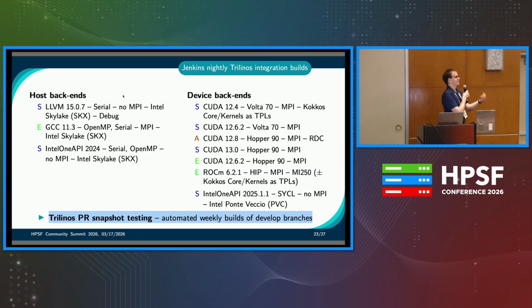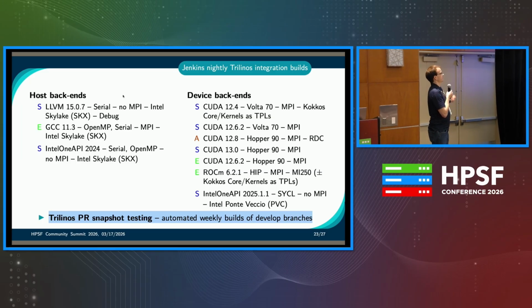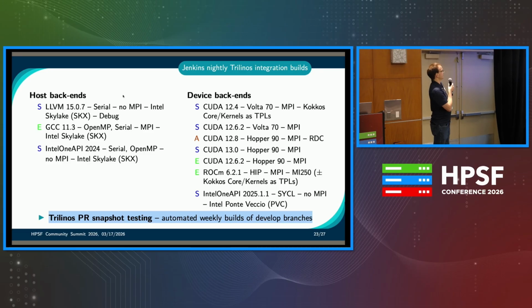In terms of what we're testing, we have a bunch of examples here. We have extensive testing on the host side, and then CUDA architectures and HIP architectures that are extensively tested, and we also see that we cover all 3 major GPU architectures, so we also have an Intel oneAPI build.